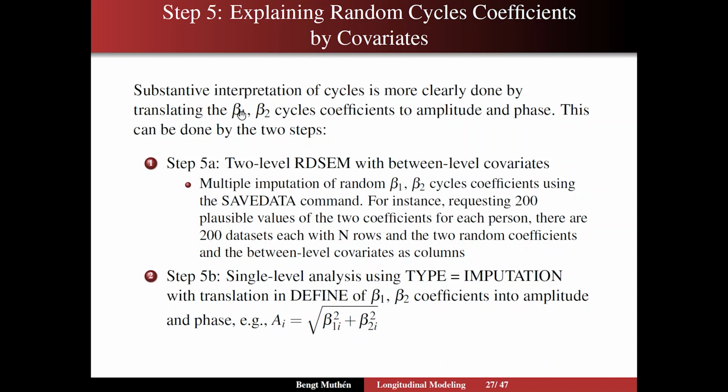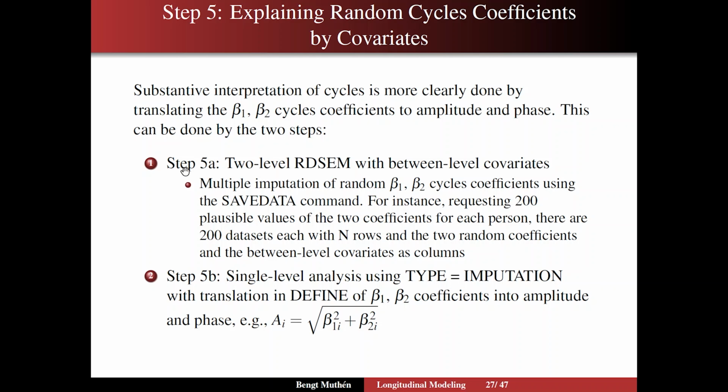It's true that beta 1 and beta 2 effects can be understood in terms of emphasizing the sine or the cosine coefficient and its impact on the cycles. We saw that in an early plot, but it gets cumbersome to work in that metric. It's better to focus on the amplitude and phase, the vertical variation and the horizontal variation. And that can be done very efficiently in a two-step analysis.